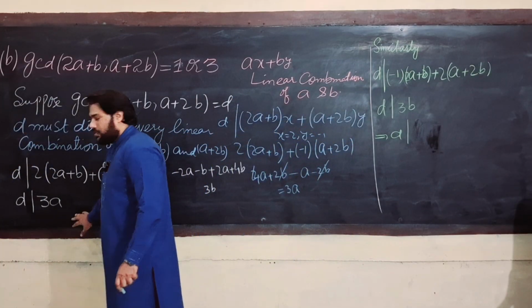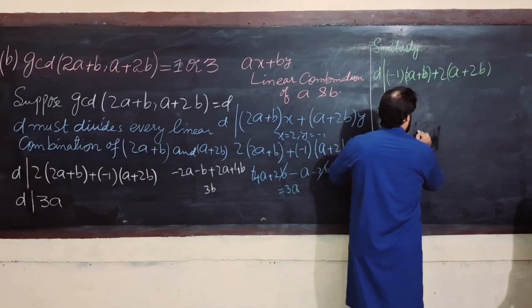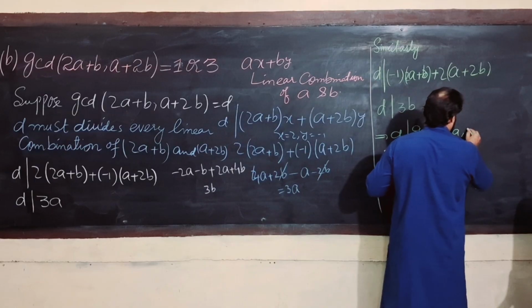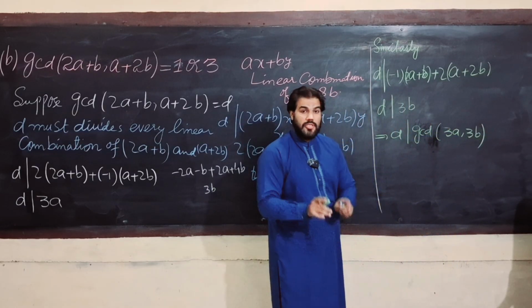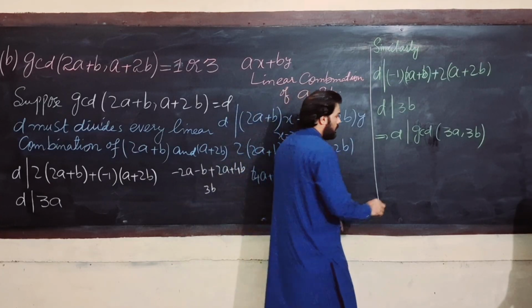As D is a common divisor of 3A and 3B, it means D must divide the GCD of 3A and 3B. GCD means greatest common divisor. D is just a common divisor, so it must divide the greatest common divisor.